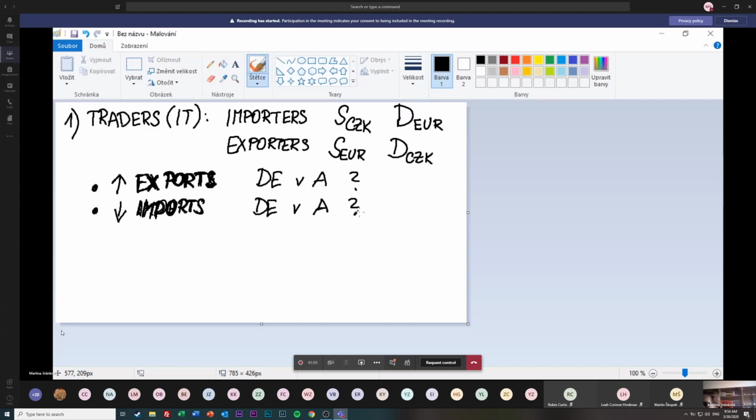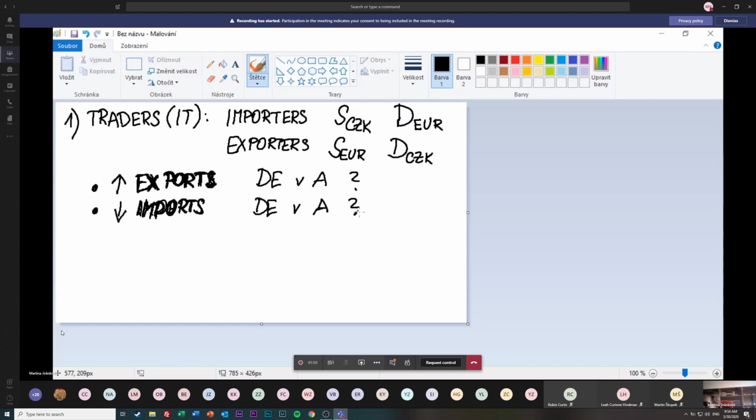So if there is an increase in exports, there is an increase in demand for Czech crowns, so the Czech crown will appreciate. Once more, the exporters have foreign currency and they need Czech crowns. So they go to the currency market and demand Czech crowns.